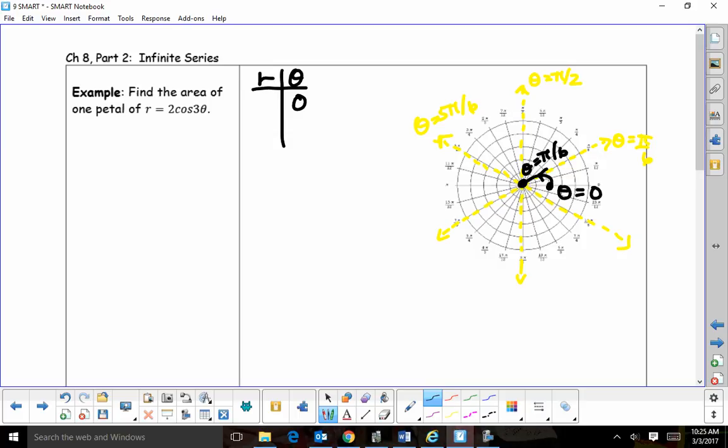Is this right here all the information you would need in order to complete the rest of this graph? Yeah, because there's half a petal, right? So it's going to go here now, and it's going to skip every other one. So I go here, here, here, and then back.